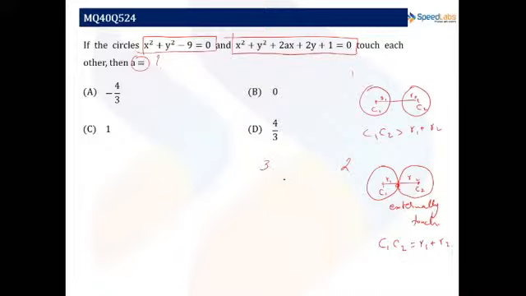Our third case is when the two will intersect each other. In this case, C1, C2 is less than R1 plus R2. Fourth case, when they both will touch each other internally.